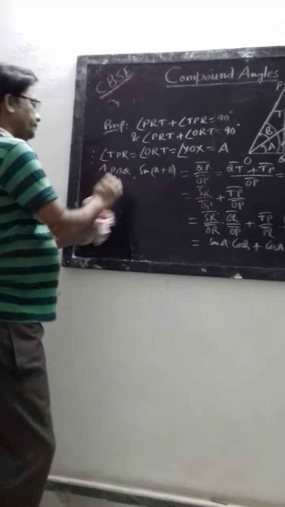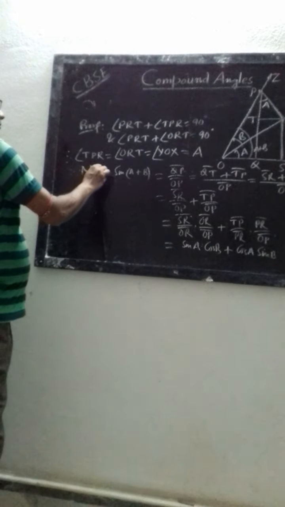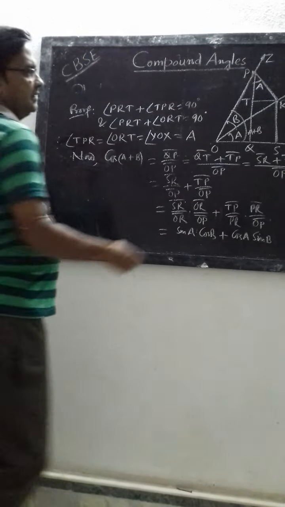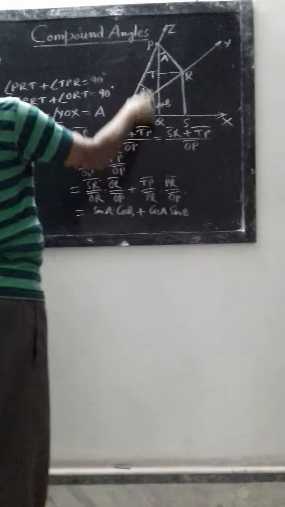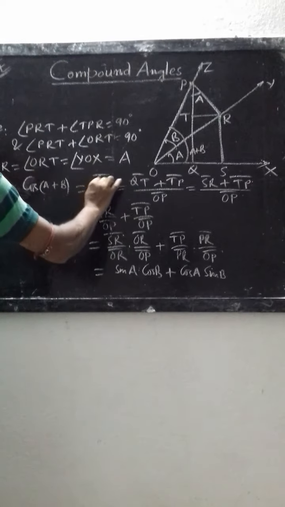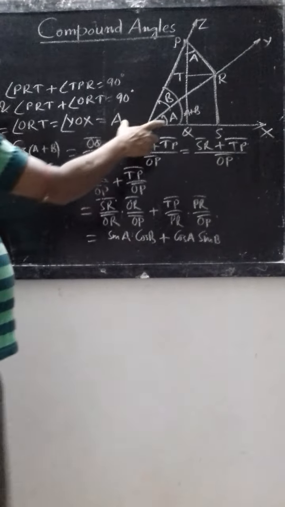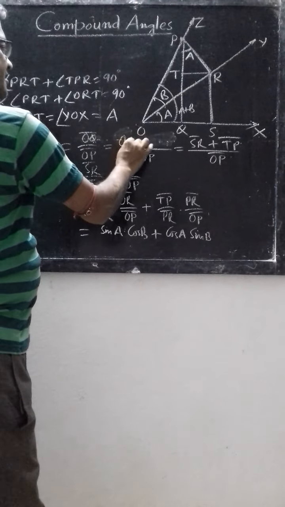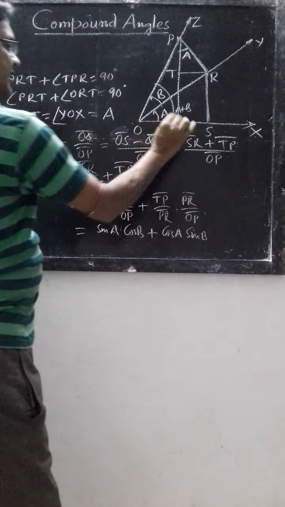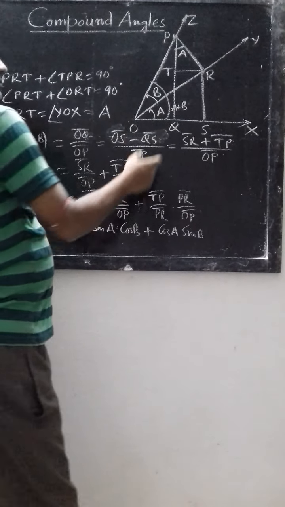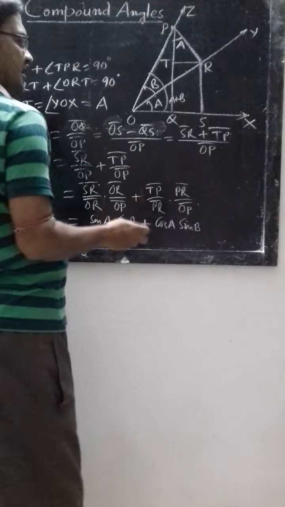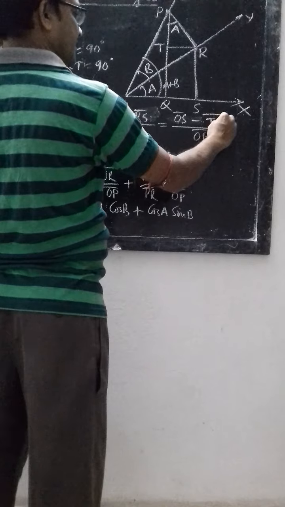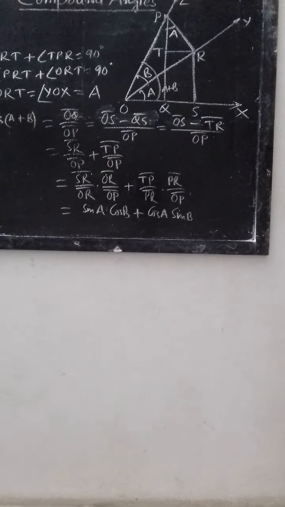Now cos(A plus B) equals OQ by OP. Now OQ is equal to OS minus QS, and QS is equal to TR. So OS minus TR, whole divided by OP.